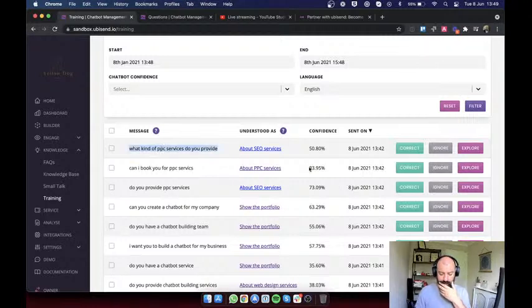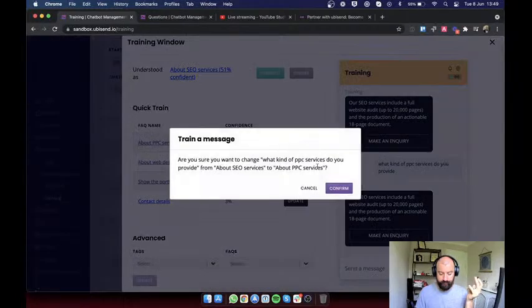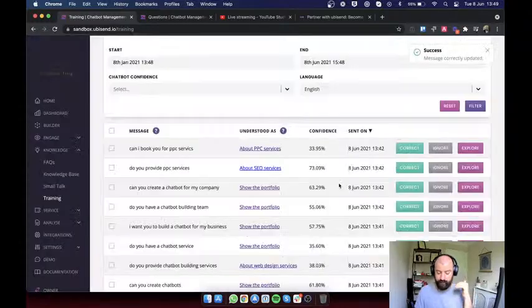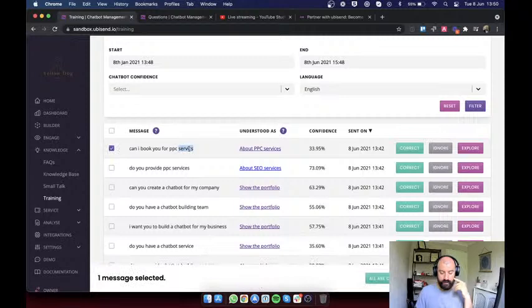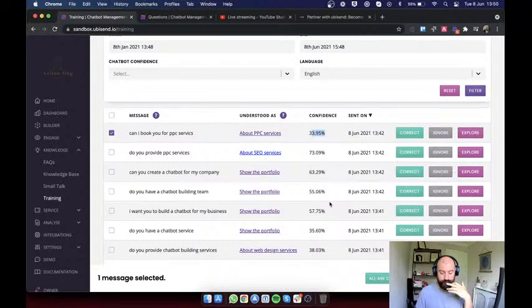Same with this one, 50% though, so that's a bit better. So I can just do PPC for this one. It's 50% and 33%, so you'll see that now because I just trained this one, it's going to go much higher. This one was correct, even though I made a mistake. Unfortunately, its confidence score was below the threshold. So that's another good one to train here.